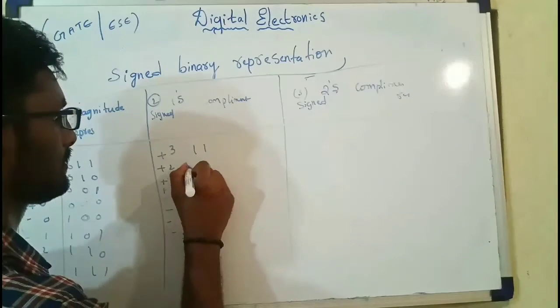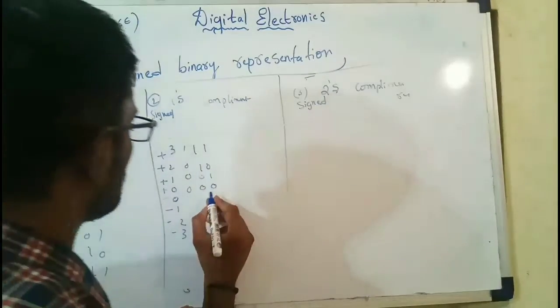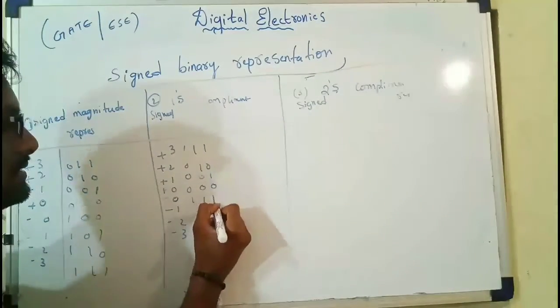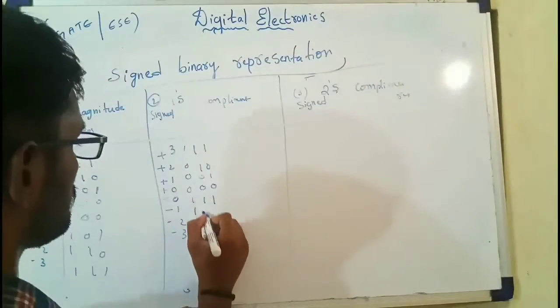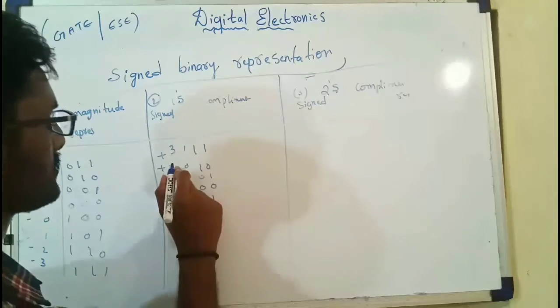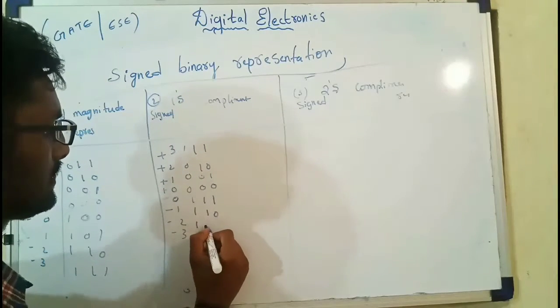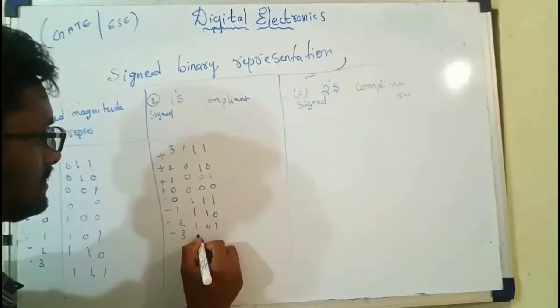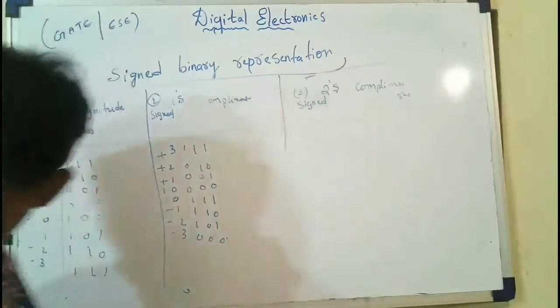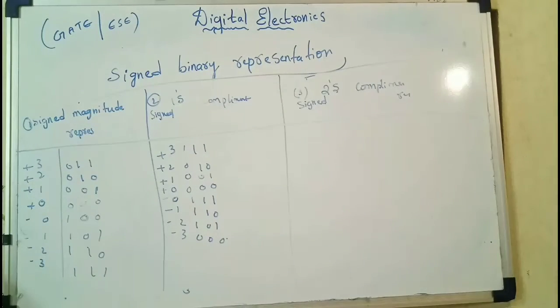This is 0; minus 0 is nothing but the complement of this, which is 1 1 0. Minus 2 is the complement of plus 2, 1 0 1. For plus 3 all are zeros.